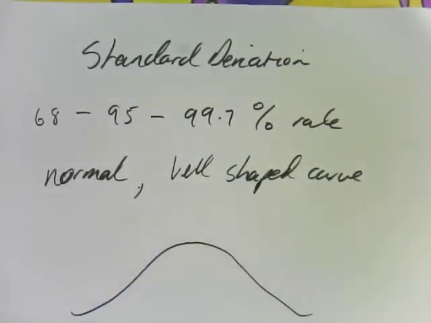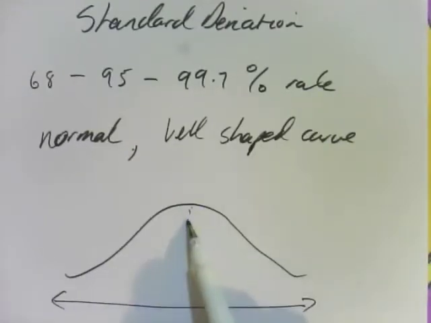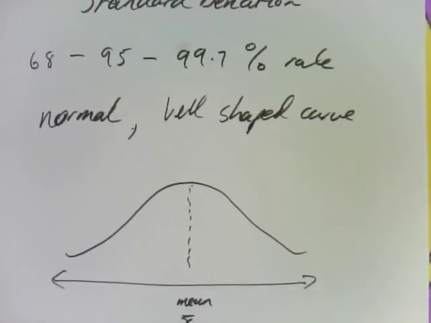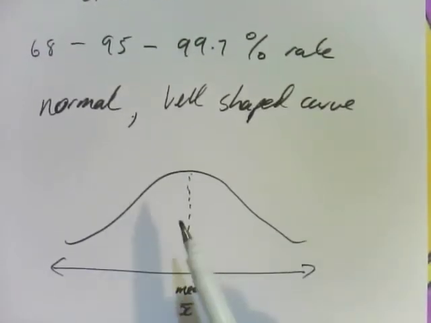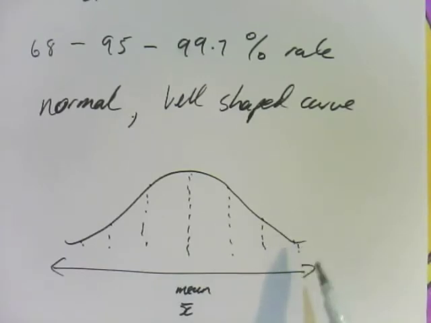Across your whole data set, your mean, or your average, or your x-bar, or whatever you want to call it, is there, and we split it into 3 groups either side of that mean, and each of those groups is a standard deviation. So each of these groups is one standard deviation.